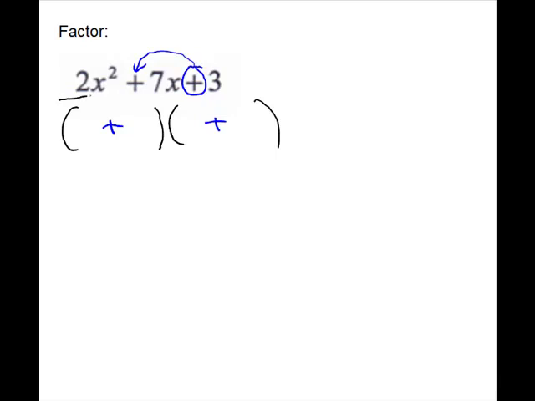So we'll work on the first term. The extra piece here is we have to multiply to get 2. Well, 2 is not such a bad number because there is only one way. 2 times 1. You could do 1 times 2, but you don't have to do both on that side. Then we go to the end piece, the 3.